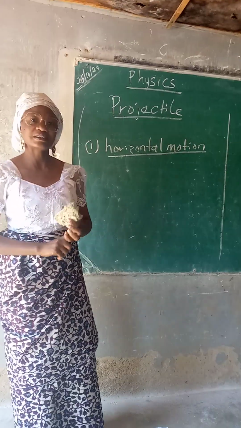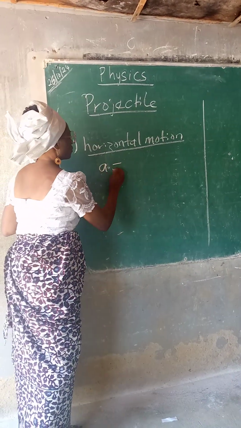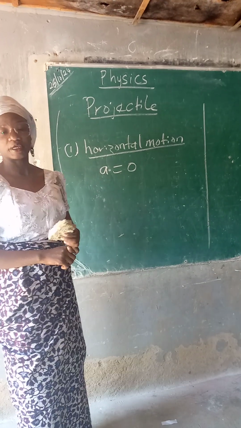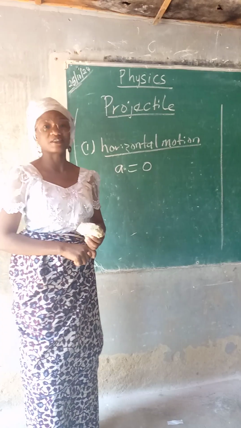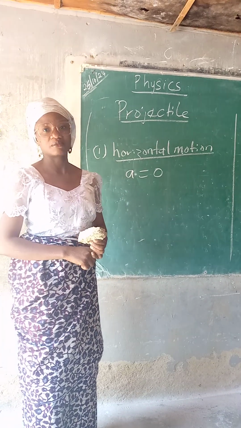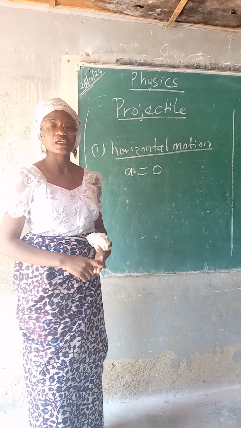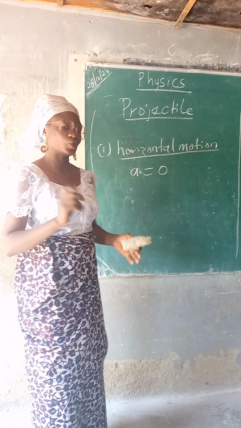If the velocity is constant, it means that the acceleration is equal to 0. No wonder the definition of acceleration is the rate of change of velocity with time. So if there's no change in velocity, it means that acceleration is equal to 0.